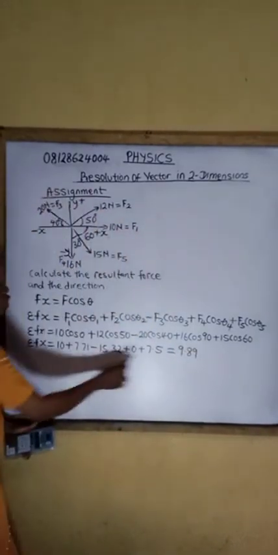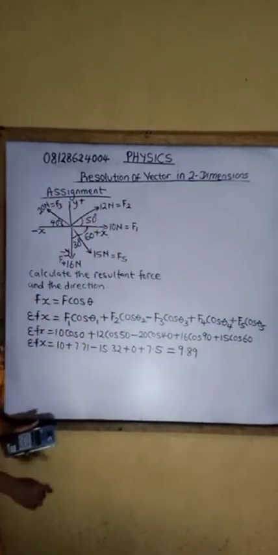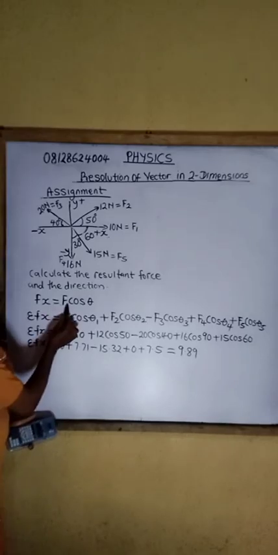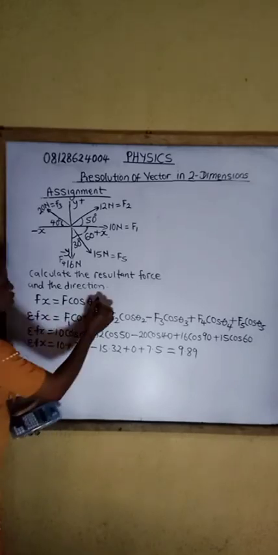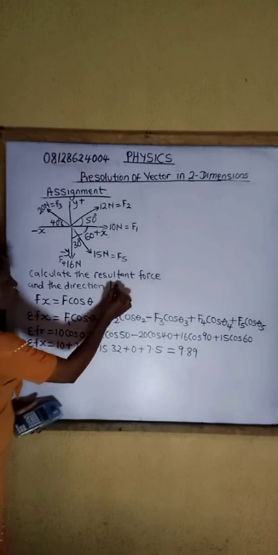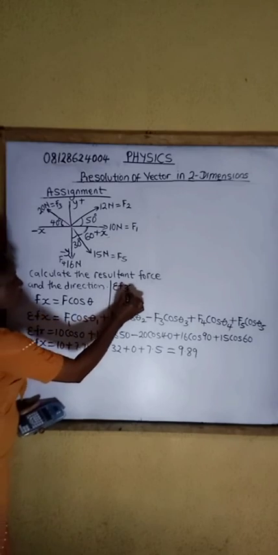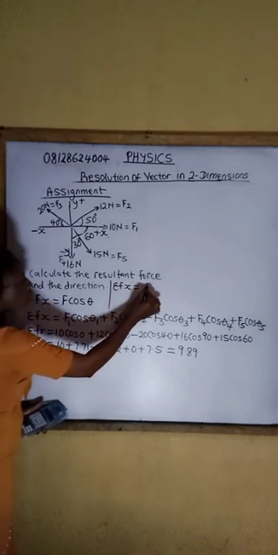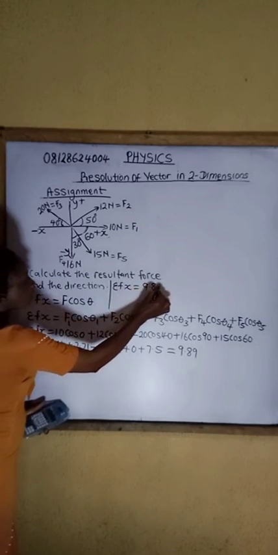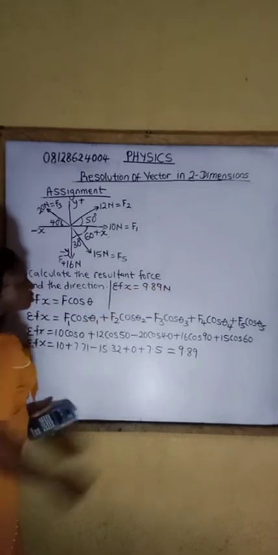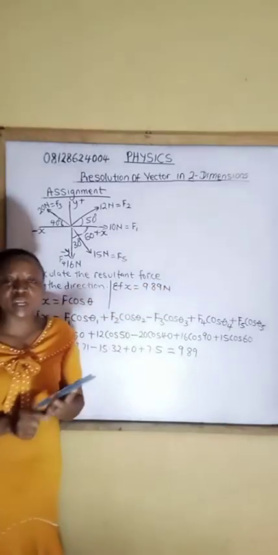So that is the summation of fx. So let's write it here. Summation fx equal to 9.89 Newton. So let's look for summation fy.